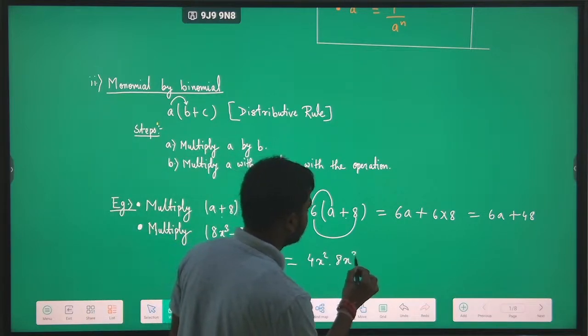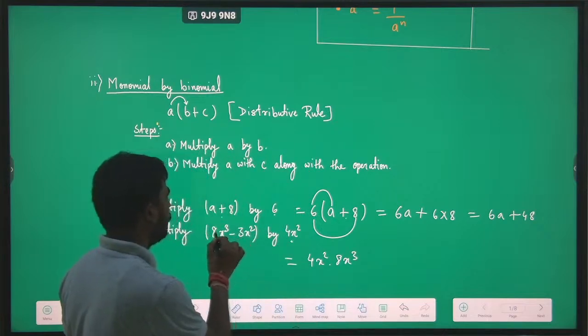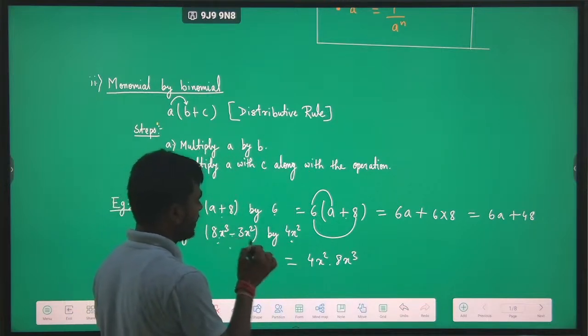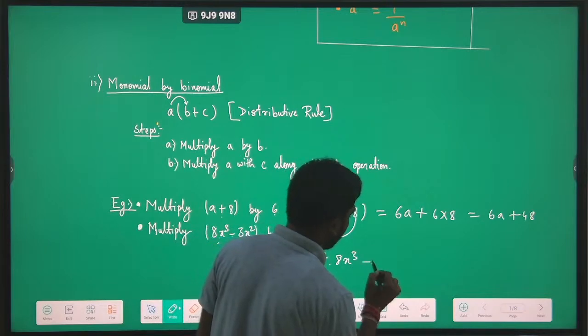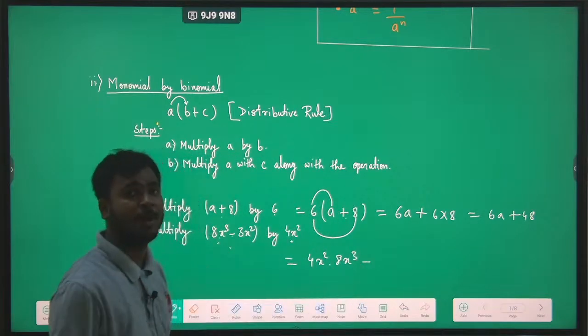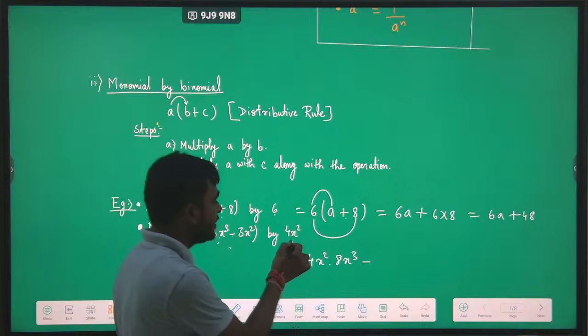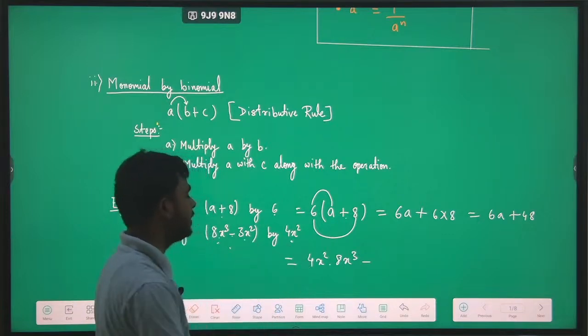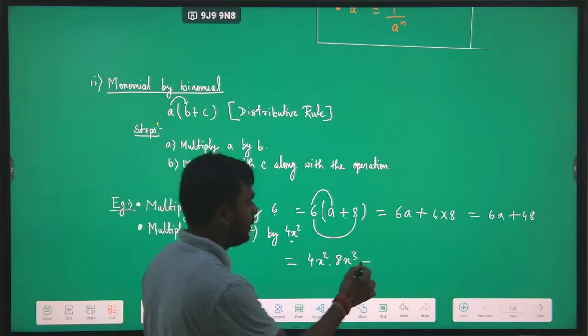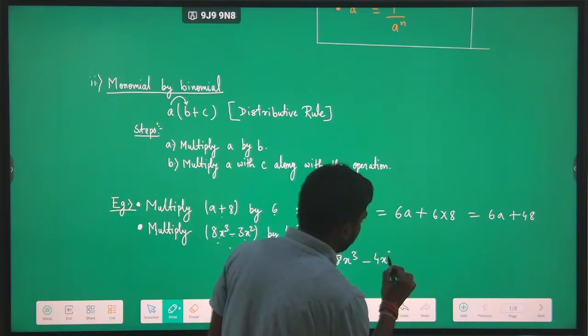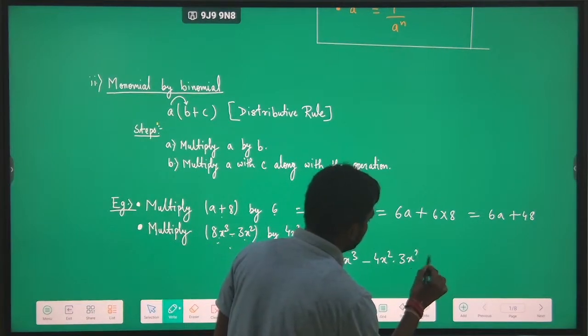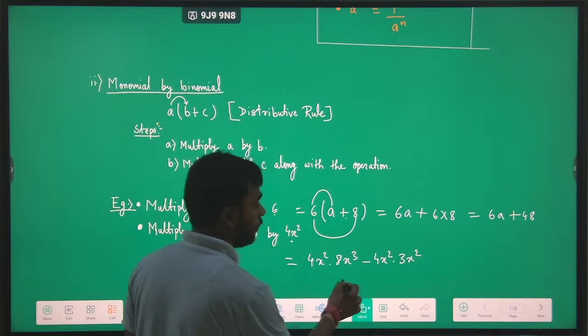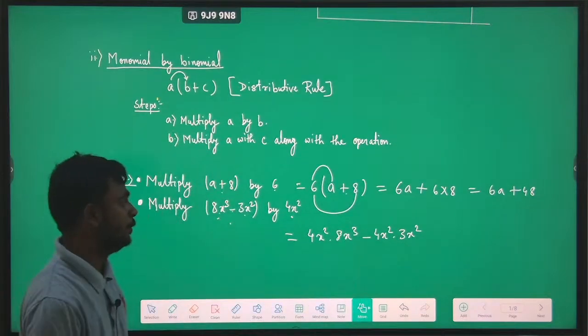Our first thing is this a into b, and the operation is minus, so here it will be minus. Now again this 4x square will be multiplied with 3x square. So what will we get? 4x square multiplied with 3x square.